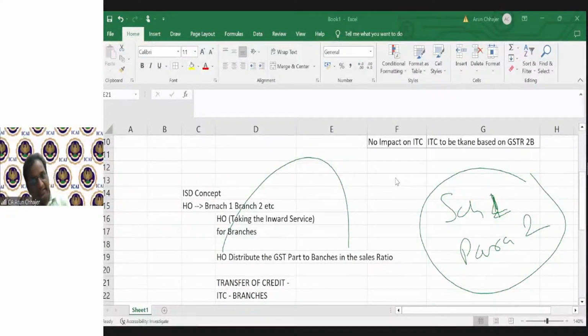So once he has taken the registration under the ISD category, then the head office can transfer the credit through ISD, GSTR-6 that is a return, but for which he has to issue the ISD invoice. And this ISD invoice would be the document given in Rule 36 for the branch. Branch ISD invoice के बेस पर ITC लेगा.